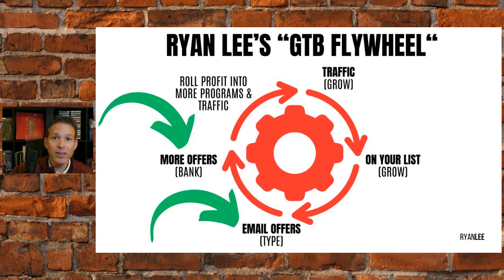And in the GTB flywheel, it kind of fits into two areas. Email, right? Because you're going to use that for retention strategy. And what I do is I call them double dip emails, where they serve as retention and conversion for new members. But that's a topic for a different day. But email is going to keep that relationship going, going to keep them happy.